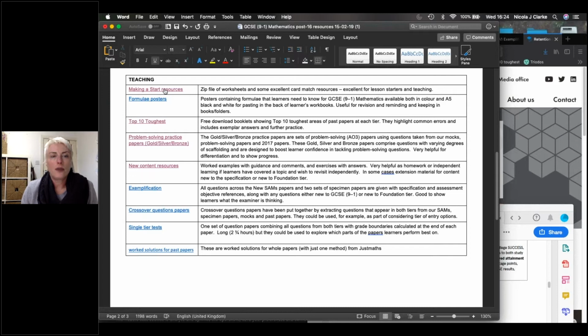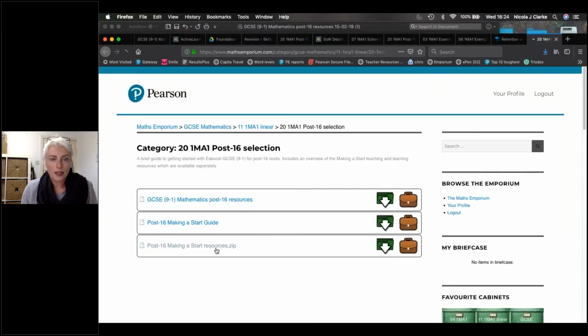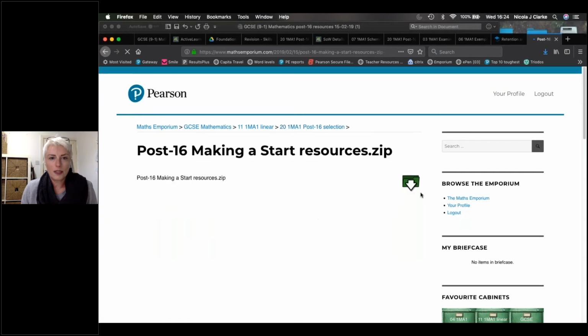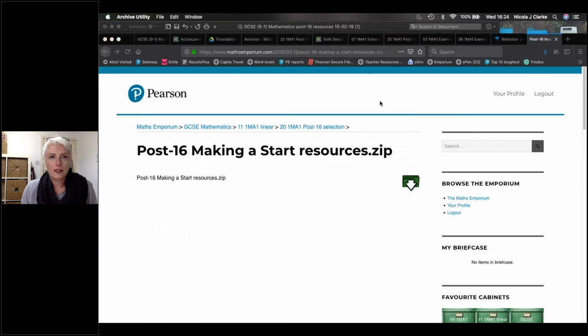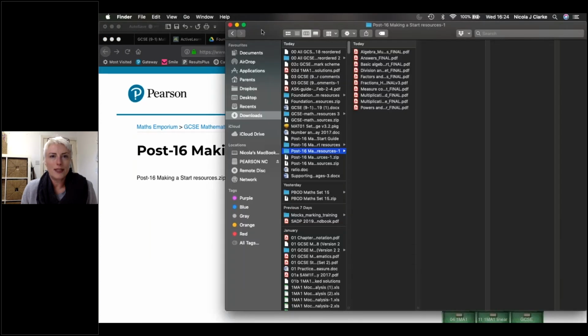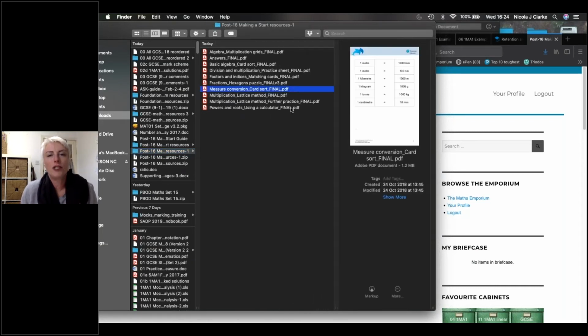There are, within that folder, this opens, there we go, a bunch of card sorts. I'm particularly fond myself of the measure conversions.